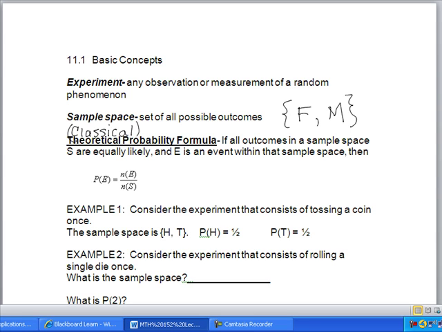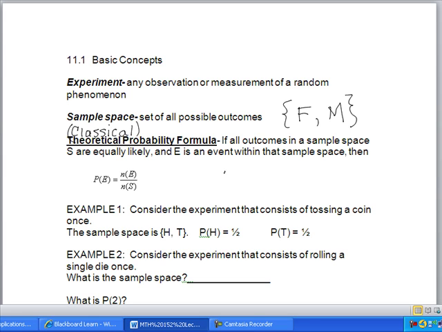And it says if all outcomes in a sample space are equally likely, and E is an event within that sample space, then the probability of E is equal to the number of elements that are successful, that is the number of E divided by the number in the sample space.